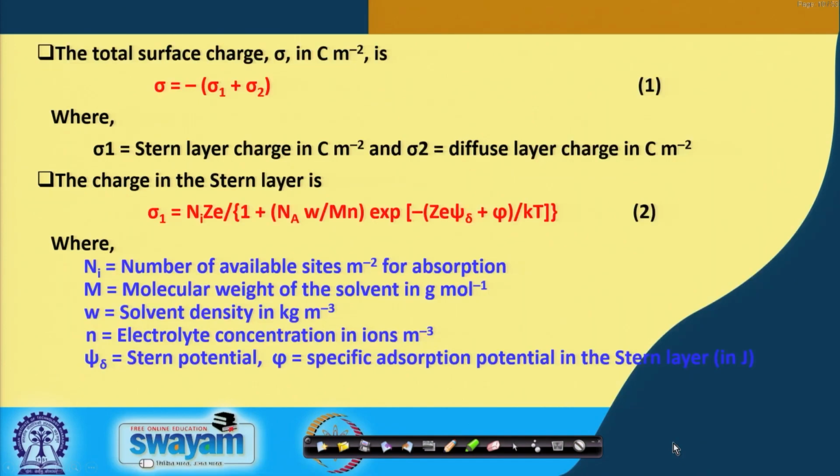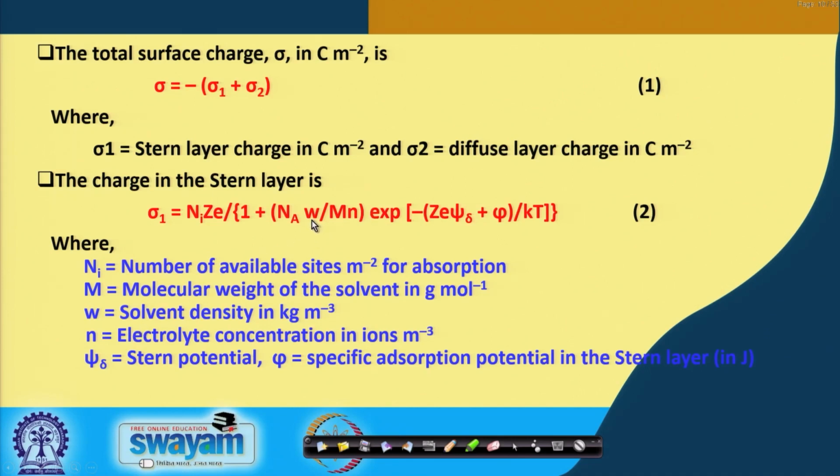The total surface charge sigma in coulomb per square meter is the summation of these two, sigma 1 and sigma 2, where sigma 1 is the Stern layer charge in coulomb per square meter and sigma 2 is the diffuse layer charge in coulomb per square meter. The charge in the Stern layer can then be expressed using this equation, where Ni is the number of available sites per square meter for adsorption, and M is the molecular weight of the solvent in gram per mole.